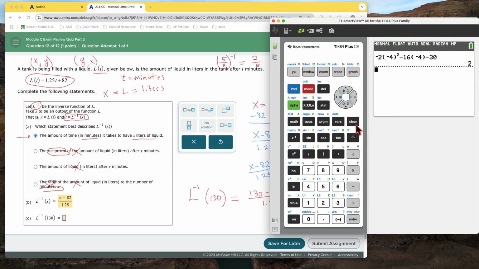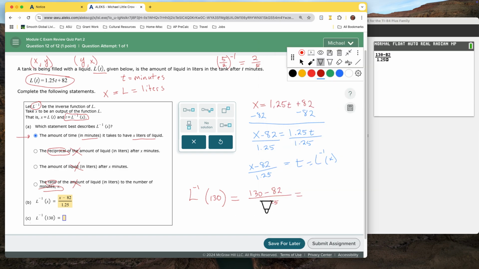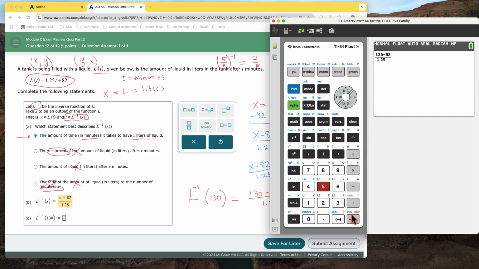Back to the home screen, let's clear everything out. And let's just take alpha F1 to get our fraction, 130 minus 82 all over 1.25. We're just going to verify 130 minus 82 over 1.25. That's good. Let's hit enter. 38.4.